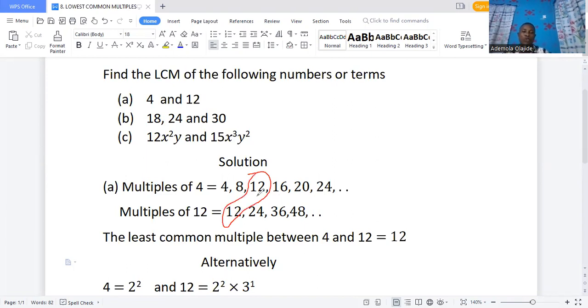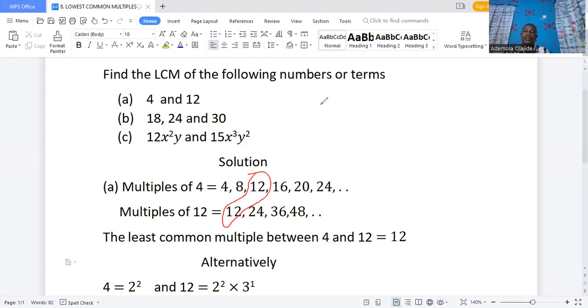That is 12 here and 12 here. That means the least common multiple, or the lowest common multiple, the least among them that is common to the two, is 12. That's why we say the least common multiple of 4 and 12 is 12.